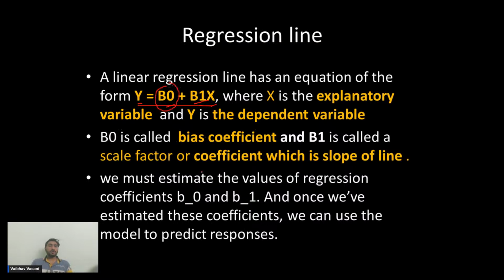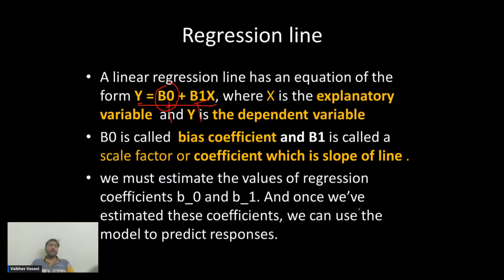Beta 0 is known as the bias coefficient and beta 1 is called the scalar factor, or the slope of the line. Mathematically we call this the y-intercept and this the slope. So we must estimate the values of the regression coefficients, beta 0 and beta 1.